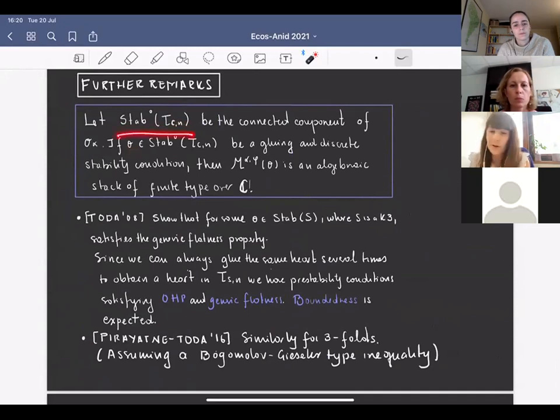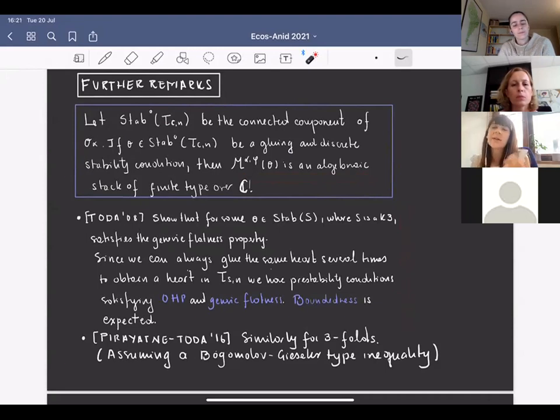So in a connected component of the gluing stability conditions, we have that the moduli spaces are also algebraic stacks of finite type over C. In the case of, for example, K3 surfaces or some threefolds, the generic flatness is also proved. So we know that generic flatness extends for gluing stability conditions. So for gluing stability conditions, we also already have the open heart property and generic flatness.